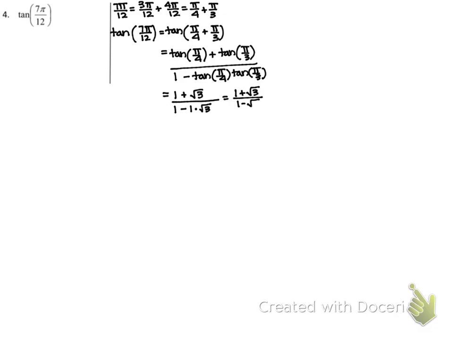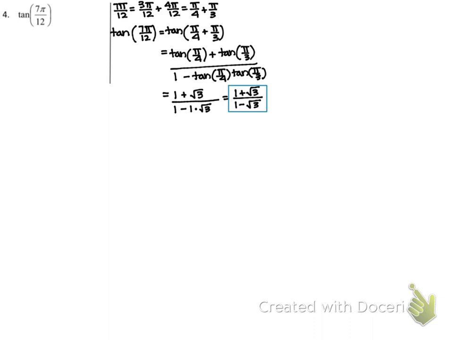Okay, so let's think about the end of this semester. At the end of this semester, you're going to have a cumulative final that is probably going to have multiple choice on it. This answer can look a ton of different ways. So I want you to know that 1 plus root 3 over 1 minus root 3 is a valid answer.